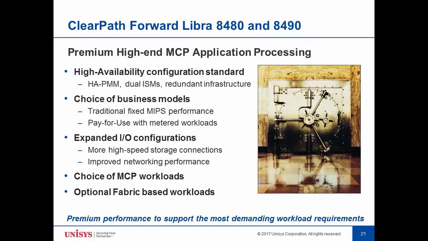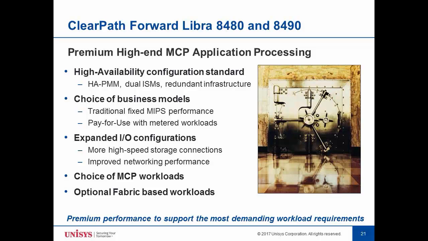Again, the real news for this release is the Libra 8400, again setting the high-end performance for the most demanding MCP workloads. These systems, as you would expect, are available for traditional and pay-for-use metered licensing models.